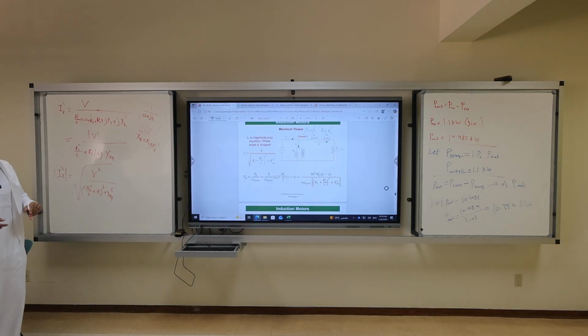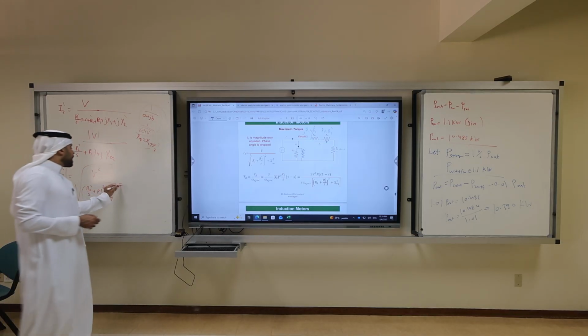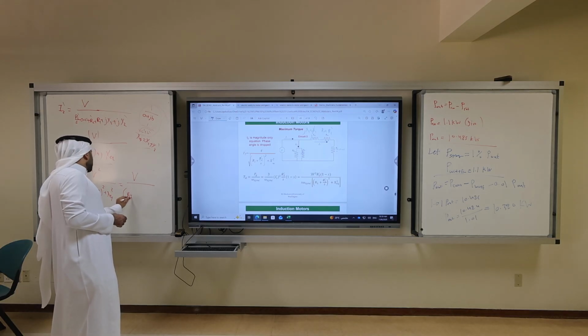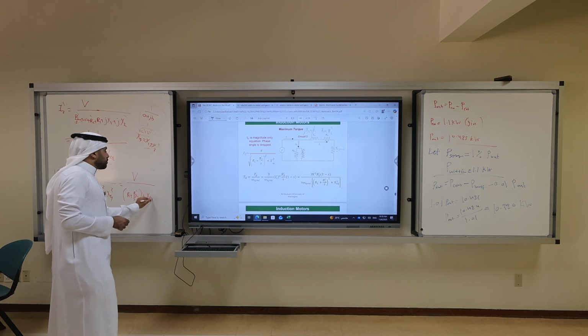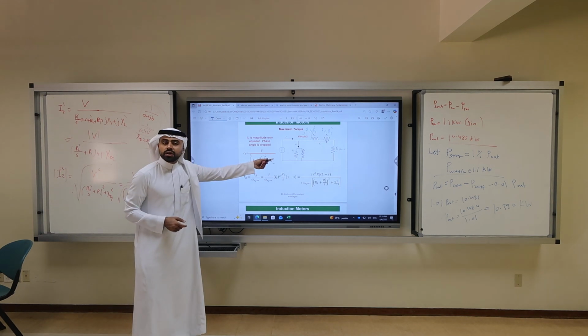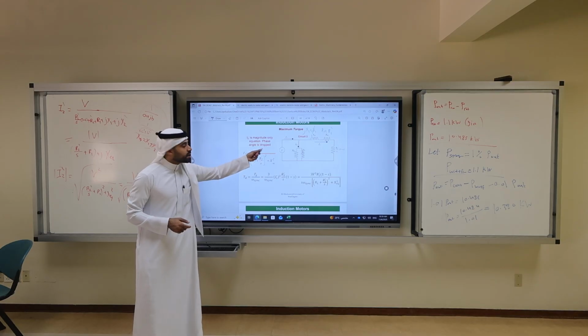So if you do this formula, you would have V over the square root of R1 plus R2 prime over S, squared, plus X equivalent squared. This is only the magnitude. The phase angle is dropped.